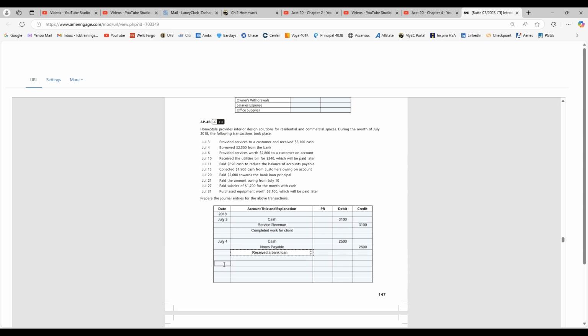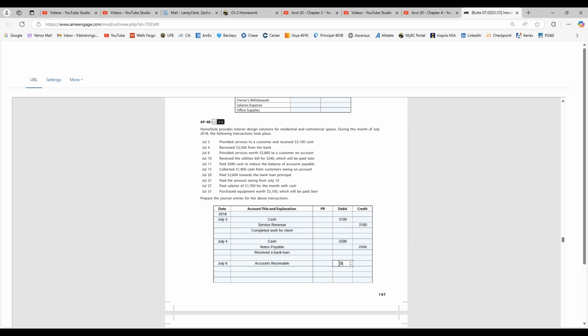Okay, let's look at the next one, July 6th. All right, in this one, we provided services on account. So similar to our first problem here, but a little bit different in that in this transaction, we're not going to debit the cash asset, but instead we're going to debit the accounts receivable asset account, because it was on account.